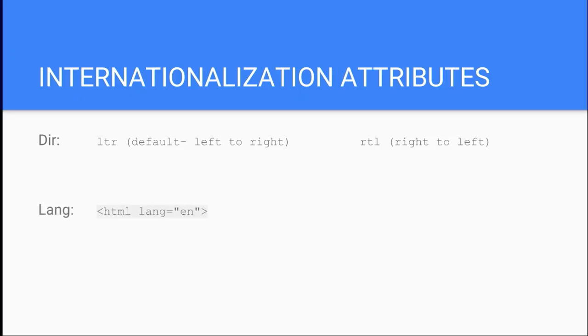And the next international attribute is lang. So we will mention that the HTML language is English. The lang attribute allows you to indicate the main language used in a document. But this attribute was kept in HTML only for backwards compatibility with earlier versions of HTML.